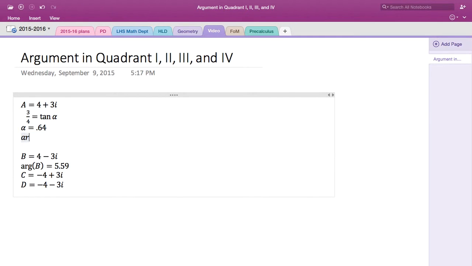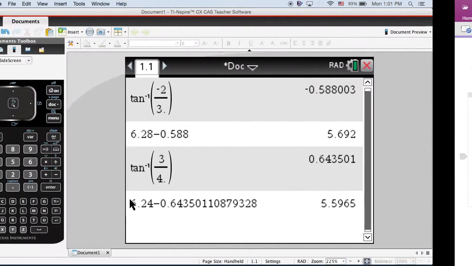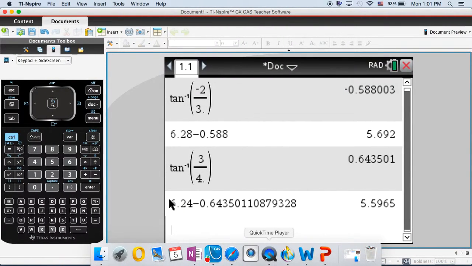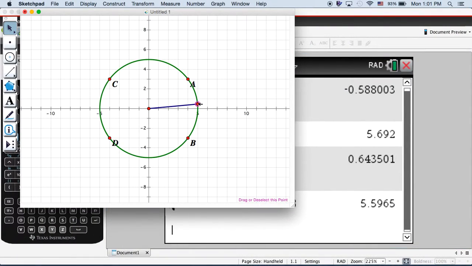Arg A is 0.64. How about arg C? Let's analyze the graph. Starting from the starting point, of course, and going around to C. How long is that? Well, it will also give you 0.64.